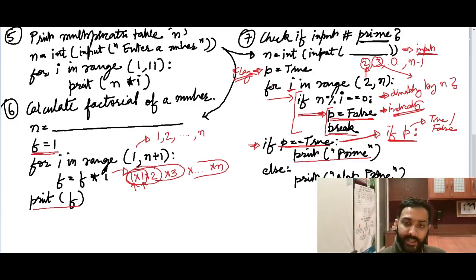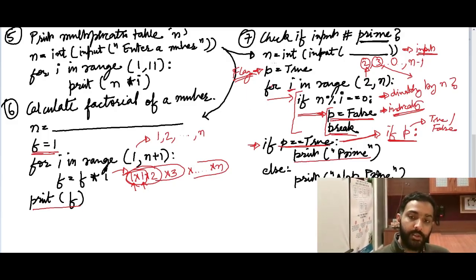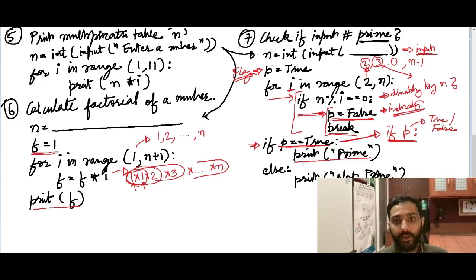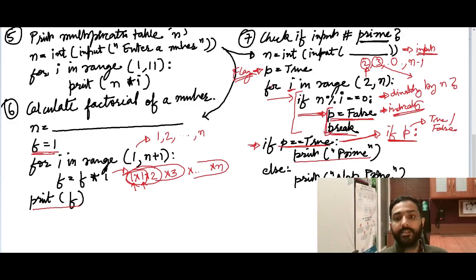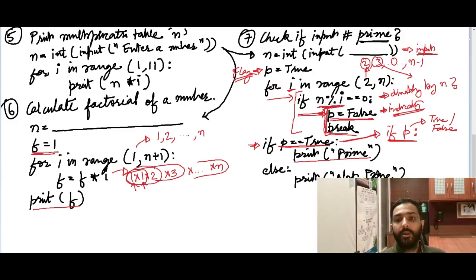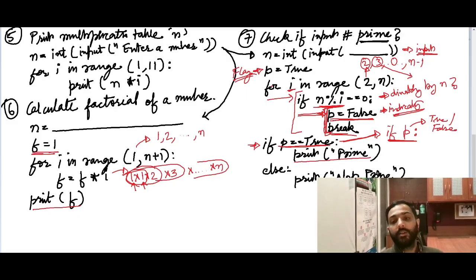If the user inputs a number which is prime, then this if portion will not get executed, as the number will not be divisible by any other number less than the inputted number and more than 1.